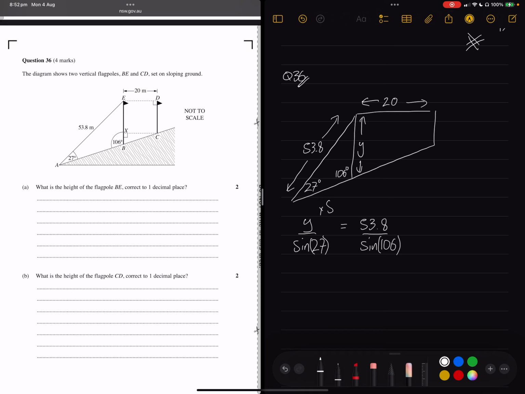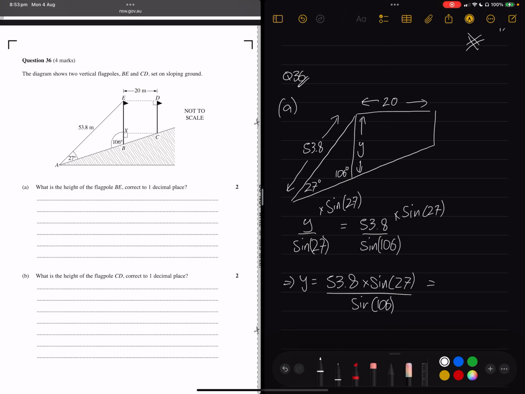Multiply both sides by sine of 27. So this gives us that y equals 53.8 times sine 27 over sine of 106.